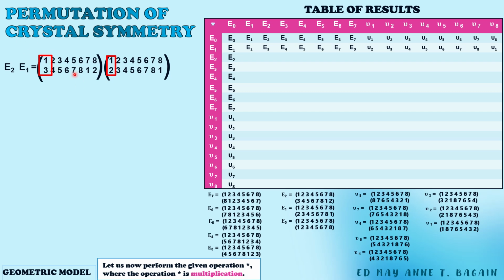It should be 4, because 1 is at 2, so we should look at the 2, and the 2 is 4. So it's 4, 5, 6, 7, 8, 1, 2, 3. That is the answer. What kind of element? It's epsilon sub 3.